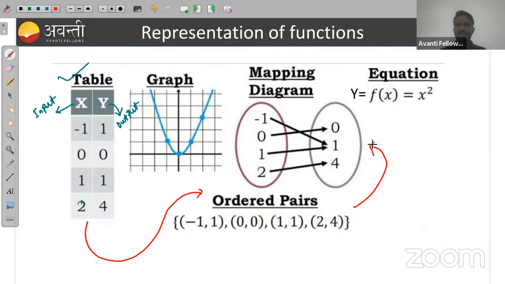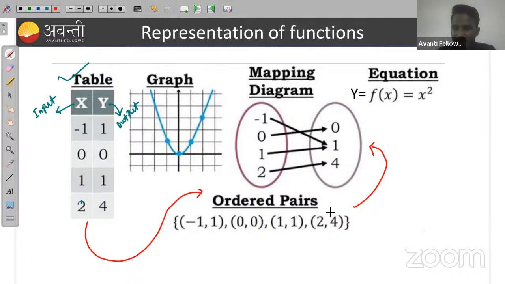Now, we can also write a function in terms of an algebraic equation. We just want to figure out how y and x are linked to each other, right? Every time I see that -1 squared is 1, 0 squared is 0, 1 squared is 1, 2 squared is 4.